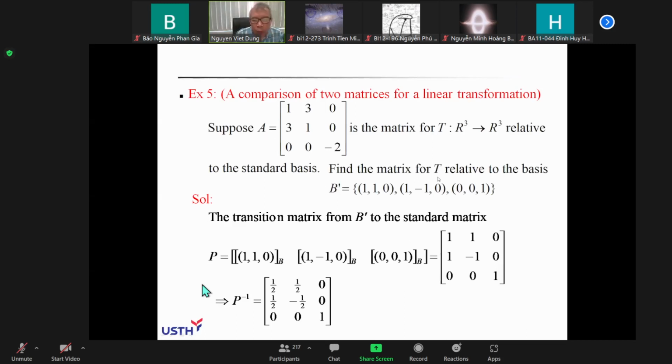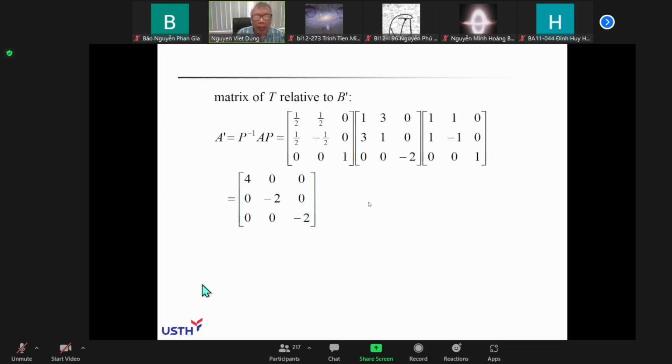But if you choose another basis, here I choose a basis B prime like that, then the matrix for T relative to B prime is in diagonal form. In the next lecture, we will study that. We will try to transform any matrix into diagonal form like that one. It has a name, diagonalization. In Vietnamese, chéo hóa ma trận. Okay, so anyway, that is the job of next week and the week after.